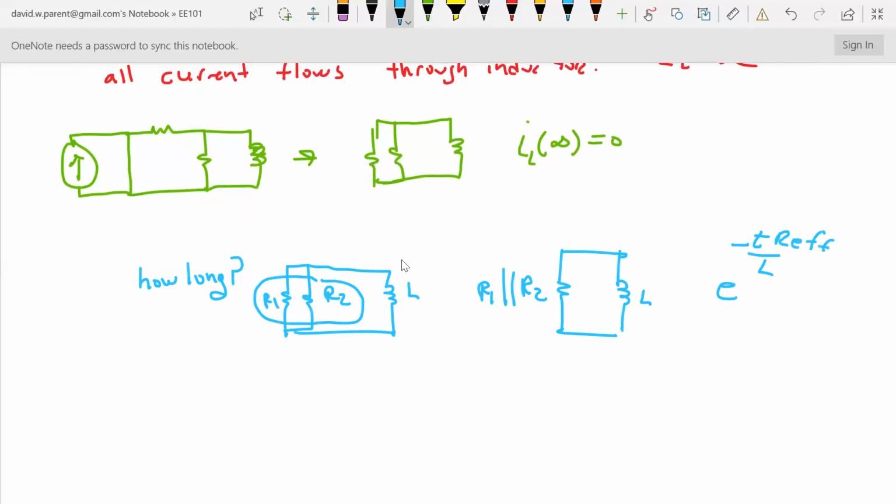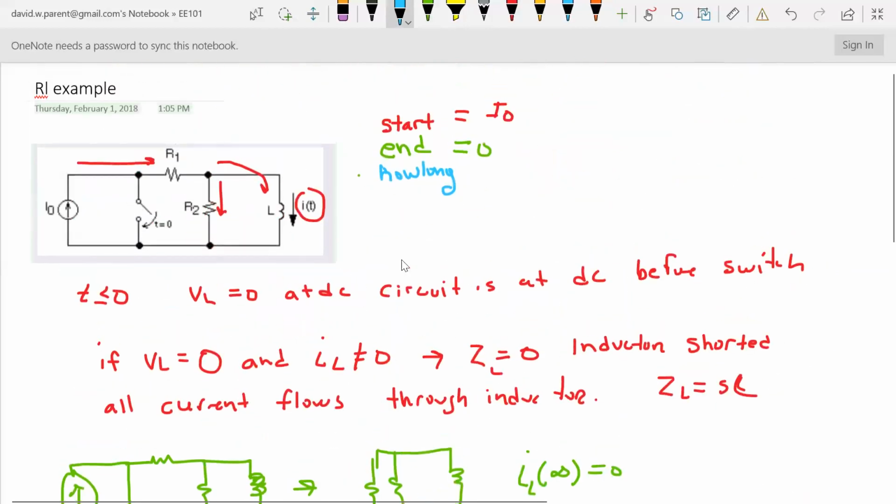And so in this case, it's e to the minus t R effective divided by L, equals e to the minus t R1 parallel R2 divided by L, which you can then use to figure out how long.